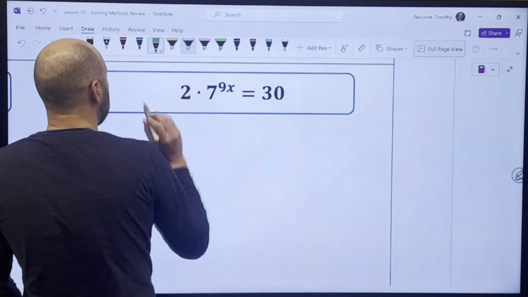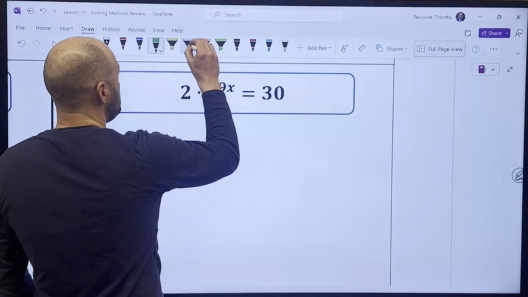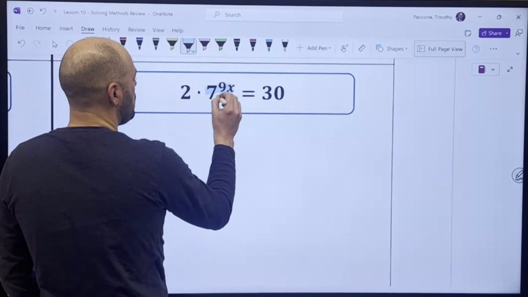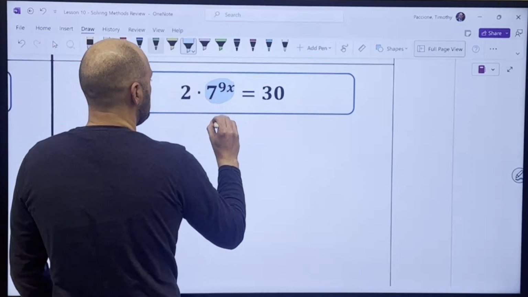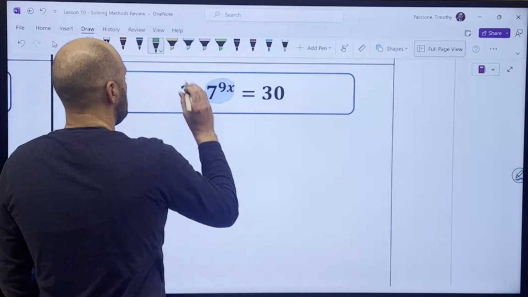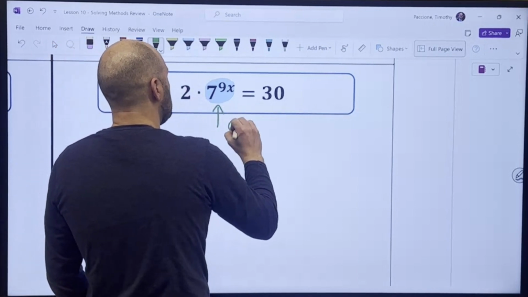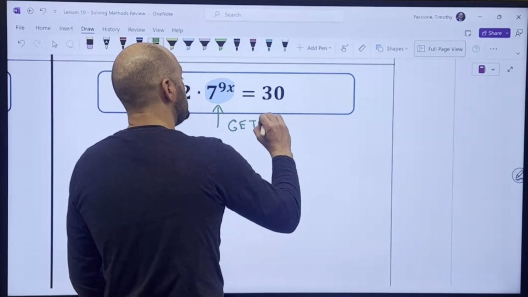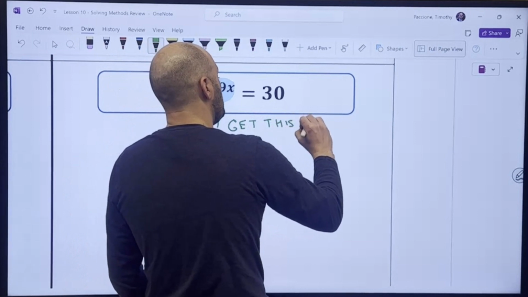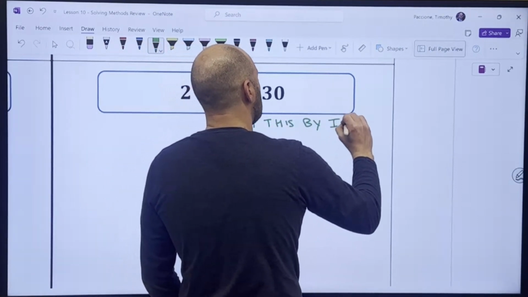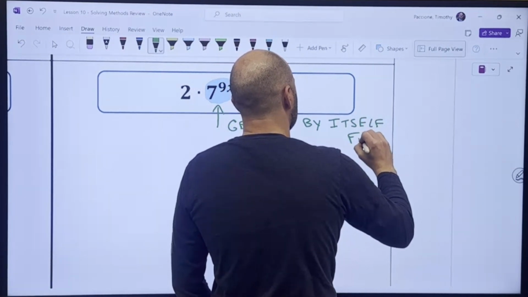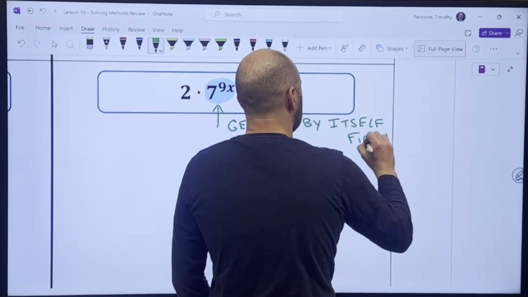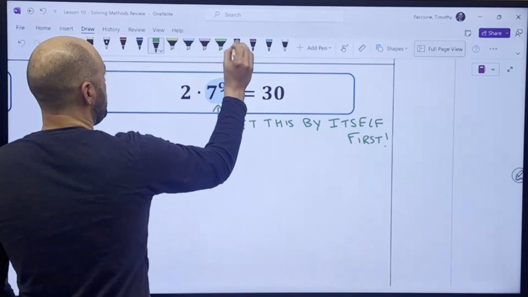So what we need to do is we need to first always get the part with the exponent by itself first. So I'm going to get this by itself first, right? And I'll rewrite the equation.